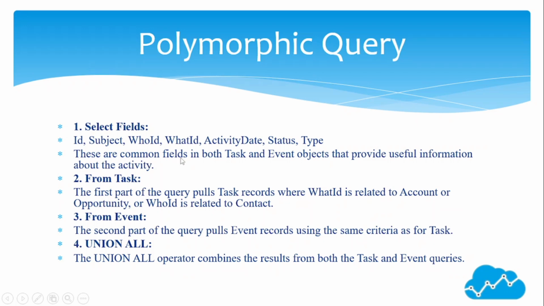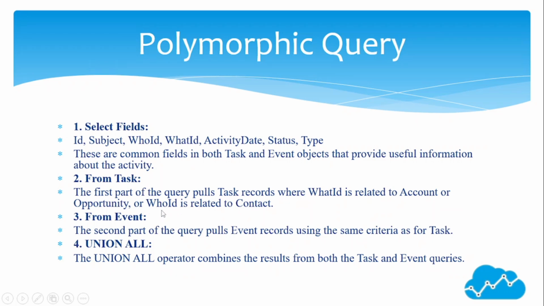These are common fields in both task and event objects that provide useful information about the activity. From Task, the first part of the query pulls task records where WhatId is related to account or opportunity, or WhoId is related to contact.